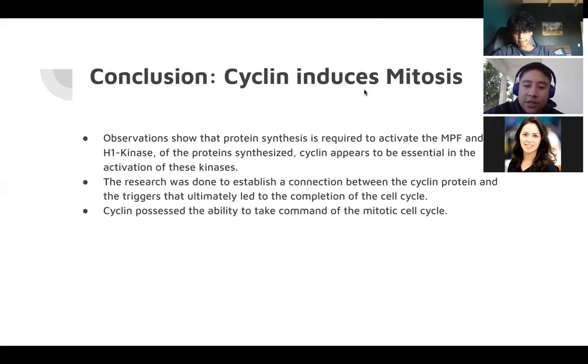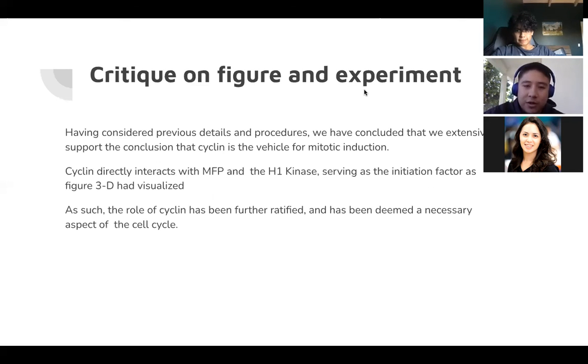So finally, on the next slide, we will talk a little bit about our critique on both the figure as well as the experiment presented as a whole. So yes, as a group, we do extensively support the conclusion that has been proposed above.